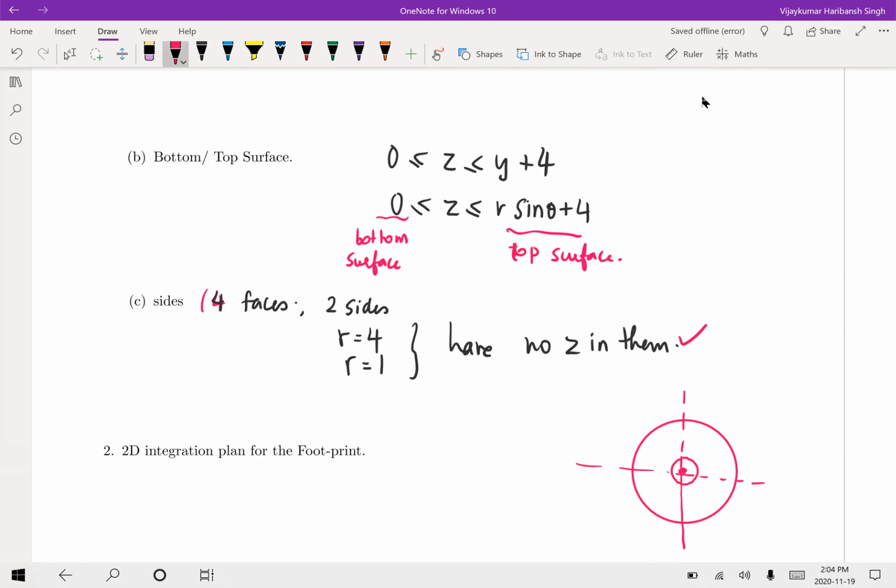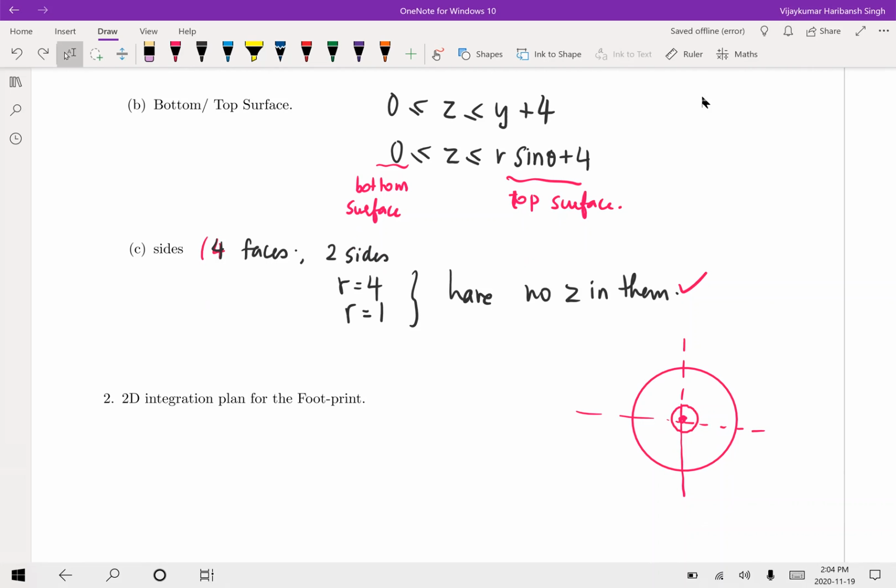So the footprint is this region here, and this region can be written in the form of, for the 2D integration, the footprint region: 1 less than or equal to r less than or equal to 4, so r is 4 here, 1 here, and theta is of course the whole 0 to 2 pi.